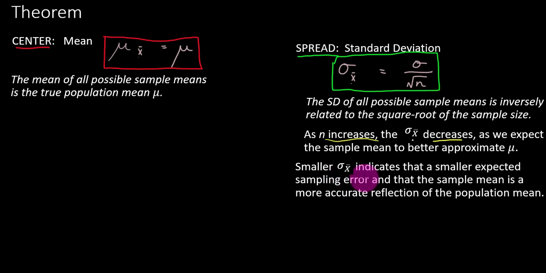Another way to put this would be that smaller values of the standard deviation of the sampling distribution would mean smaller expected sampling error, and thereby result in a sample mean that is a better reflection of the population mean.